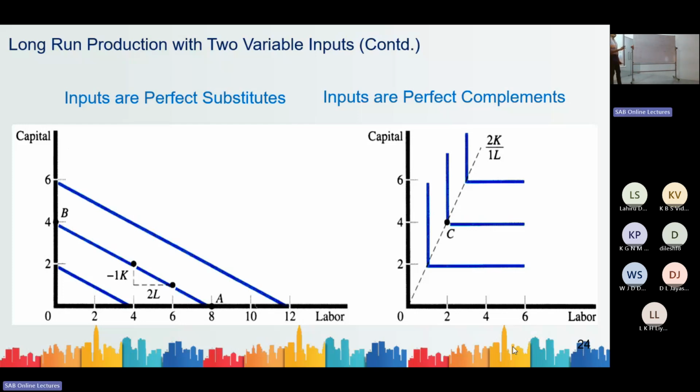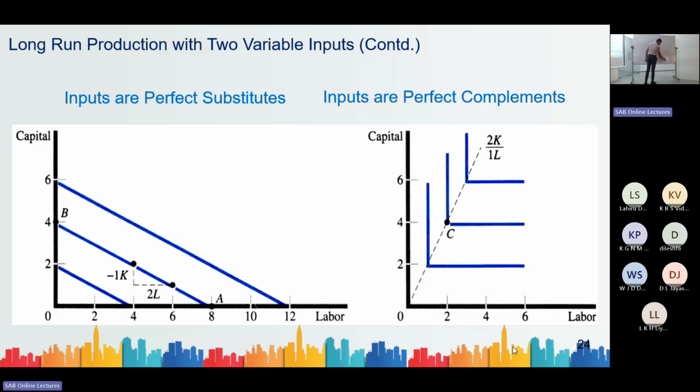The production can be done with only one input. That is the nature of perfect substitutes. So, how to show the isoquant curve for two perfect substitutes?